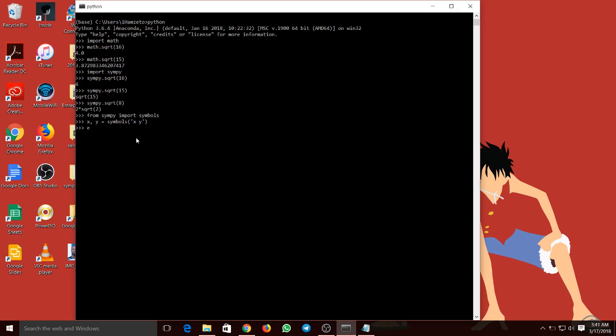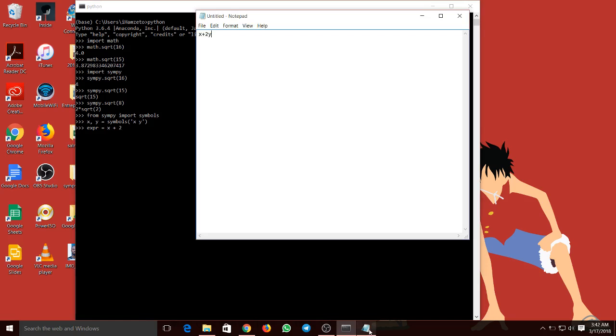So we put expr is equal to x plus, we've already inputted the symbols. Right now I'm trying to put in the equation, x plus 2y, that's our equation that we have on our notepad.